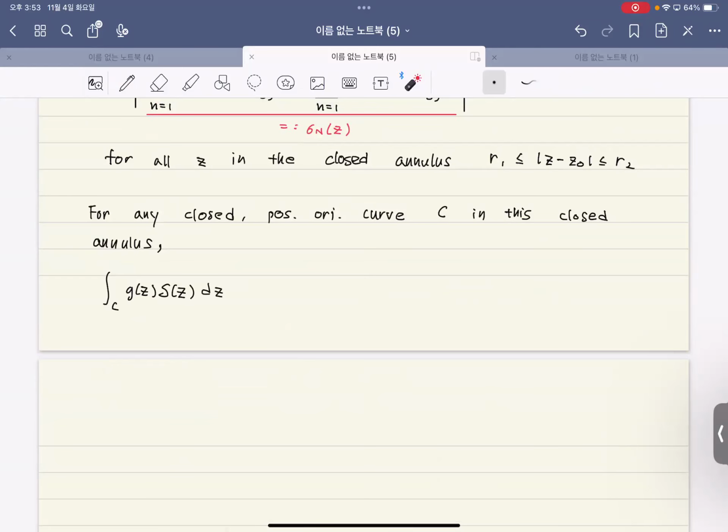I first multiply this S of z by some test function g of z, which is assumed to be continuous on this closed curve C, and I take an integration of this function. Sorry, I am running out of space.